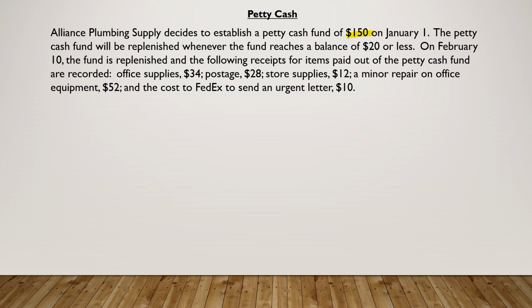On February 10th, the fund is replenished and the following receipts for items paid out of the petty cash fund are recorded. Office supplies, $34, postage, $28, store supplies, $12, a minor repair on office equipment, $52, and the cost to FedEx a letter, $10.